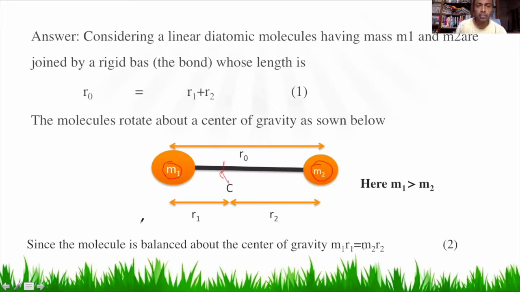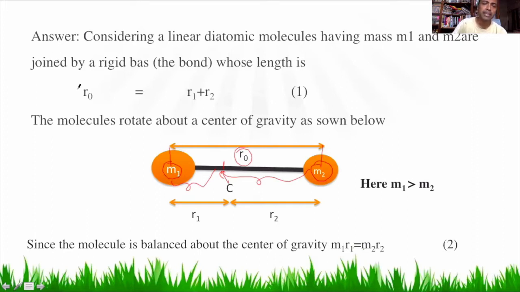If I consider the distance between the center of m1 and the center of m2 as r0, then r0 will be equal to r1, which is the distance from the center of atom m1 to the center of gravity, plus r2, which is the distance from the center of m2 to the center of gravity.